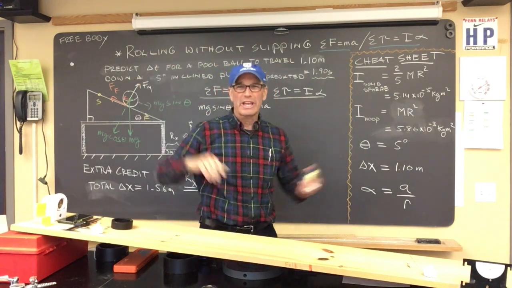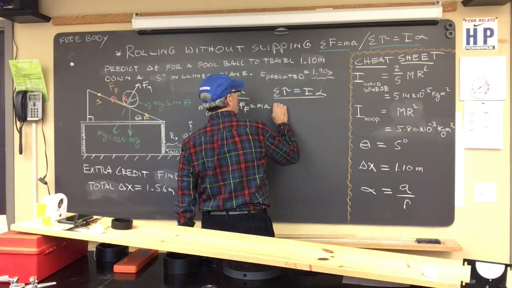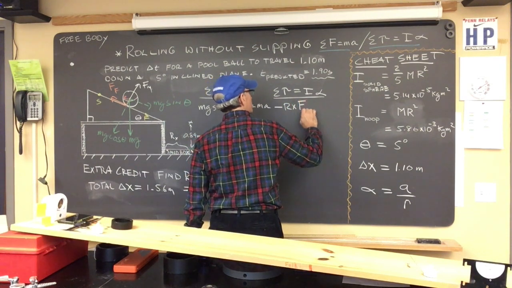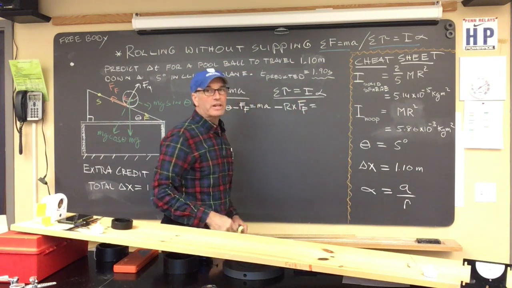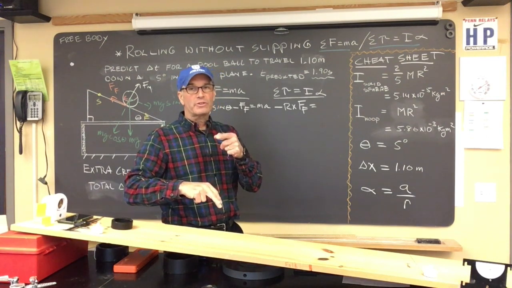That's a negative torque technically. So that's a clockwise torque. So I'm going to show that as minus R cross F of that. And I'm just going to put the cross product there just so you know that R is perpendicular to the friction force.